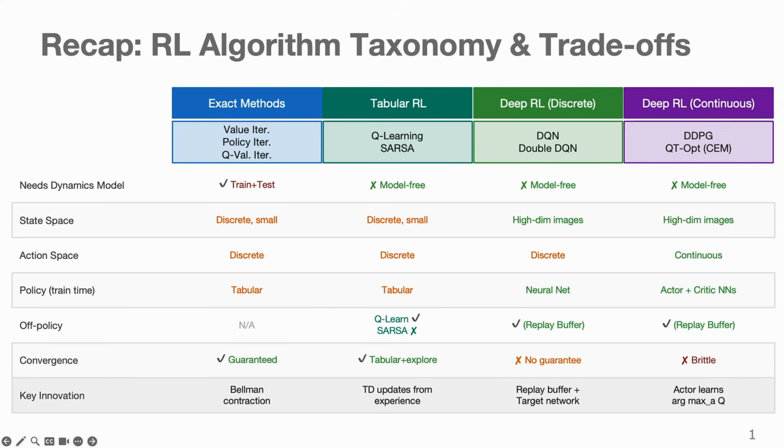And then we also discussed how we can scale this up to robotics with continuous images and continuous action spaces, starting from DQN and then towards DDPG and cross-entropy methods and so forth. Essentially, the key innovations in this last part, the deep RL part, were centered around different ways to solve this argmax.